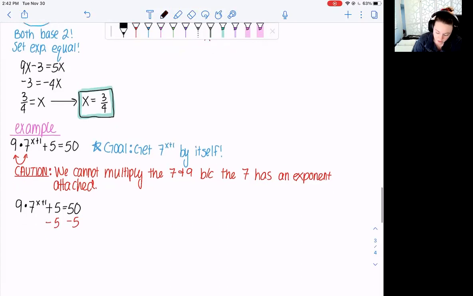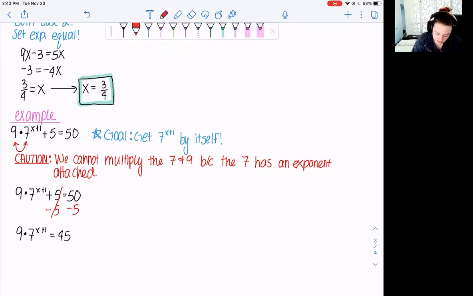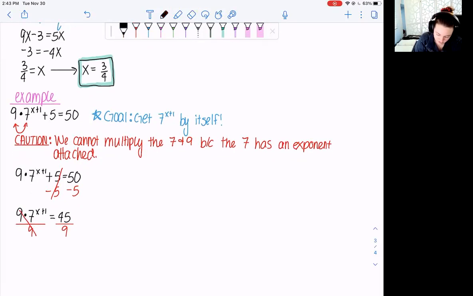So subtracting 5 on both sides to cancel out the 5 leaves you with 9 times 7 raised to the x plus 1. 50 minus 5 is 45. Then to get rid of the 9, you're dividing both sides by 9. So you have 7 raised to the x plus 1 is equal to 45 divided by 9, which is 5.